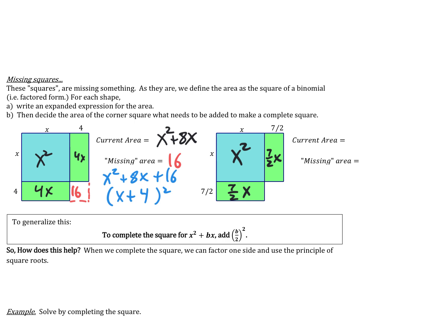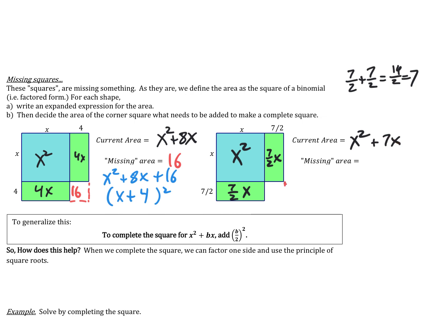So what we have is x squared, and then 7 halves plus 7 halves. If we do a little fraction arithmetic, that's 14 halves. 7 halves plus 7 halves is 7 wholes, right? So the area we have is x squared plus 7x. A nice neat 7 there.